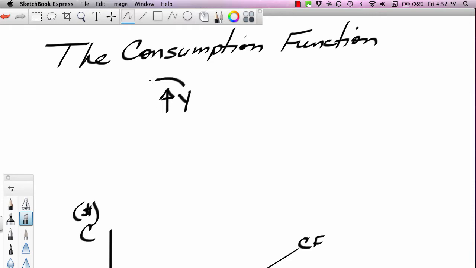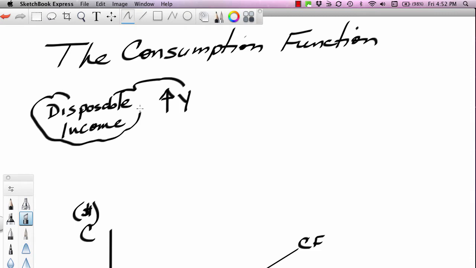Let me just make a little side note over here. Y stands for disposable income, or what we call after-tax income. Okay? And when disposable income increases, that will motivate a member of a household, or a household, to spend more. So C stands for consumption.